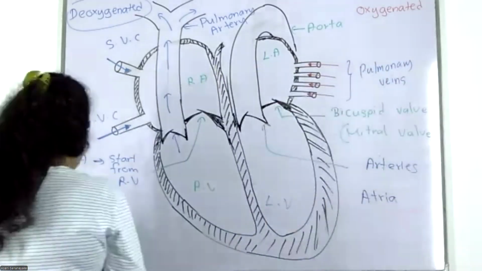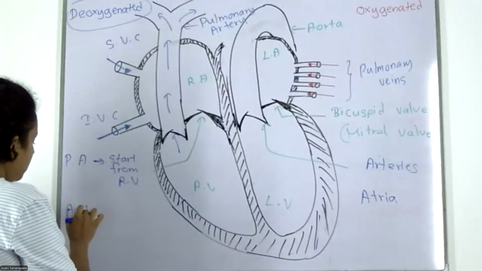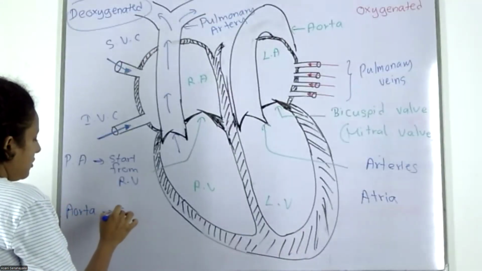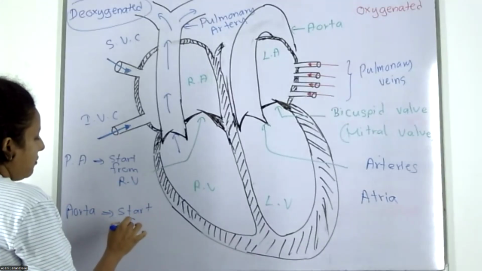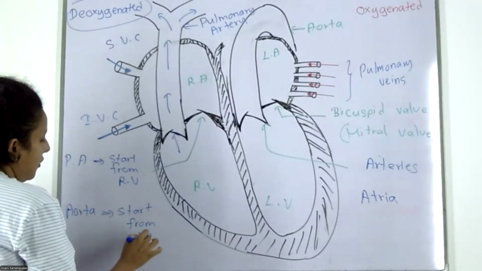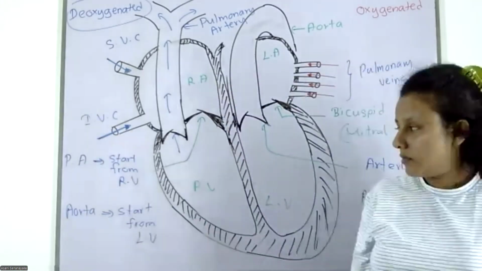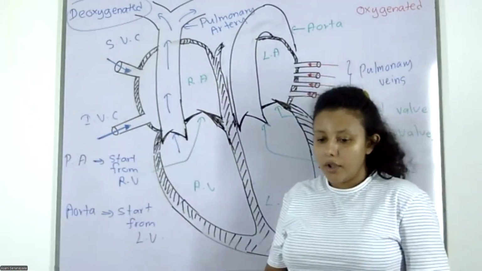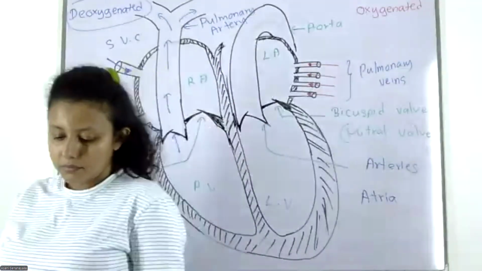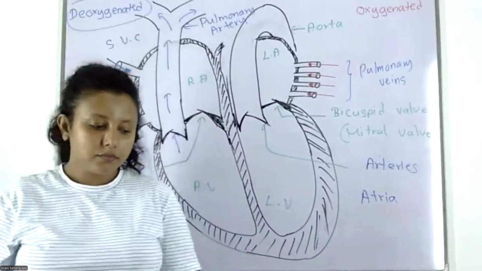Second, this one is aorta. Aorta starts from the left ventricle.